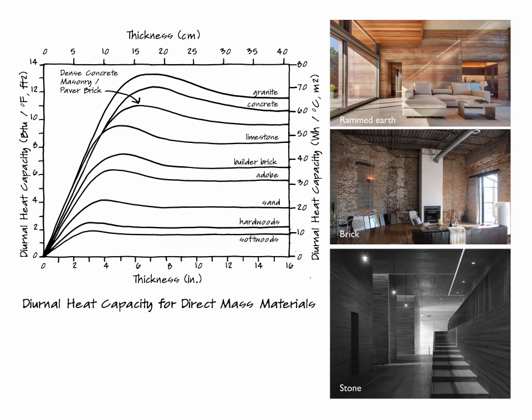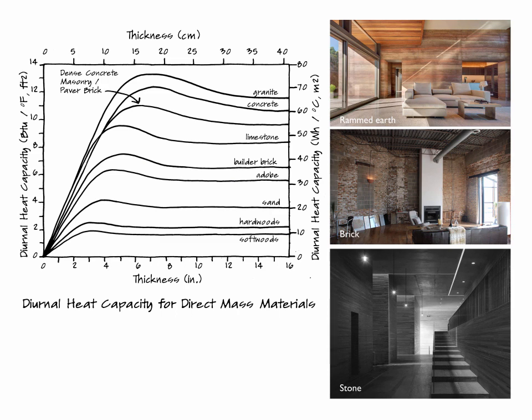So stone is more dense than brick. Stone might be 160 pounds, 170 pounds per cubic foot, depending on the type of stone. Brick might be 125 pounds per cubic foot. Rammed earth might be somewhat less, perhaps 100, right? Okay, and you'll see that reflected on the chart.